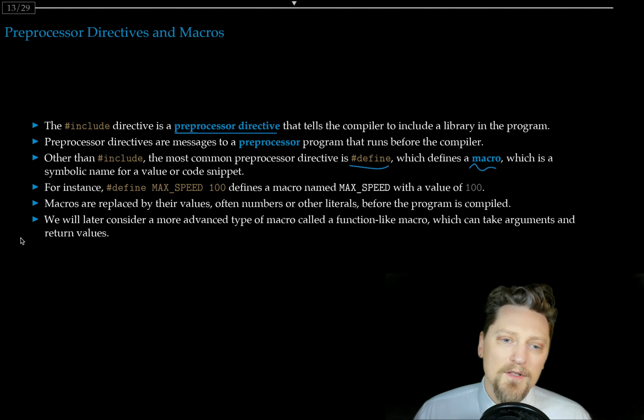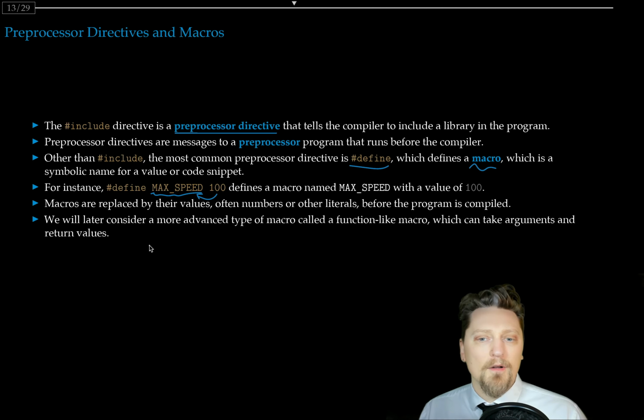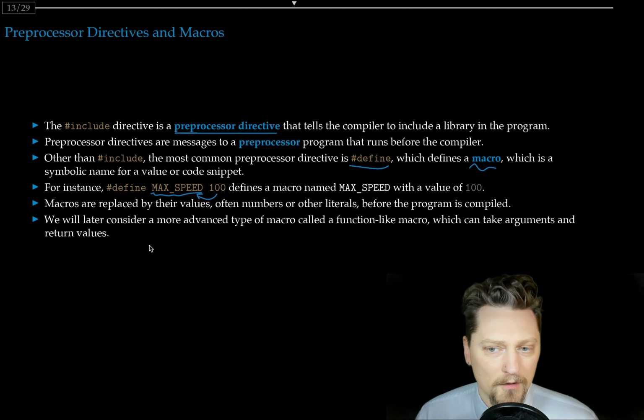So wherever you wrote MAX_SPEED throughout your program, before the compiler even sees your source code, the preprocessor is going to replace that with literally 100 wherever it shows up. So it's almost like a variable, but it's a variable that the compiler never sees. We will later consider a more advanced type of macro called a function-like macro, which can take arguments and return values.